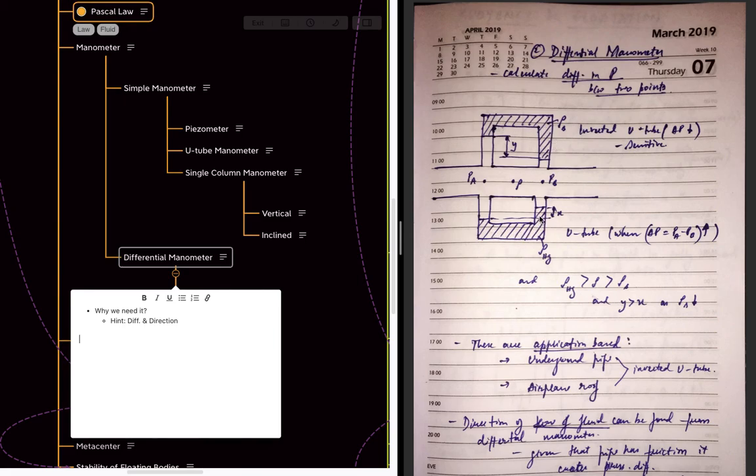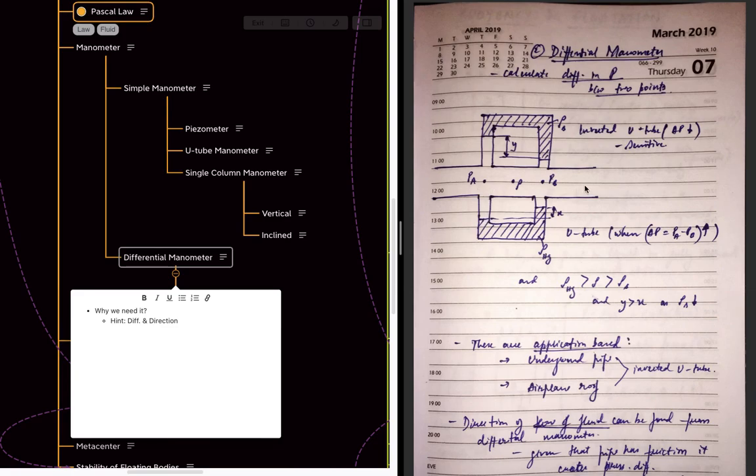So this U-tube will have higher density with respect to the flowing fluid, and this fluid will have lesser density than the flowing fluid. The reason behind this is, if there is a high pressure and the liquid is denser than this liquid, the change here will be less.